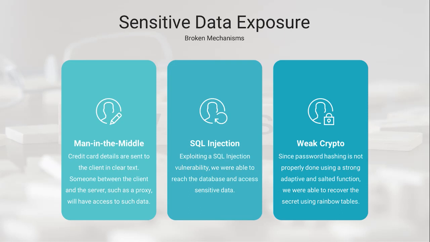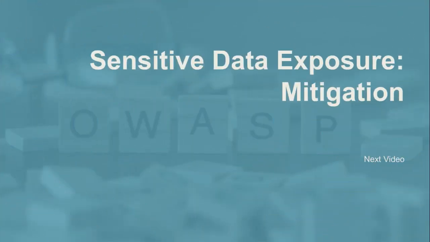We saw that sensitive data such as credit card data is not protected at rest. Finally, still exploiting the SQL injection flaw, we retrieved authentication data. Although passwords were not stored in clear text, hashing was not done properly, and we were able to retrieve some secrets using rainbow tables. In our next video, we will discuss what makes the application vulnerable and how to prevent it.